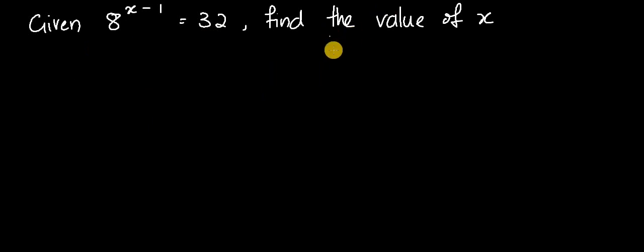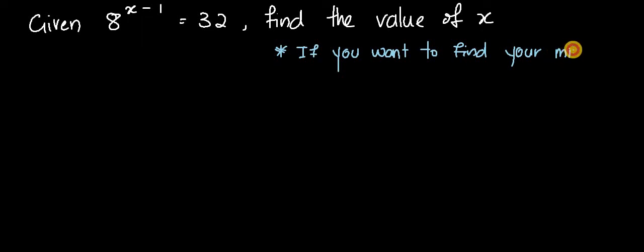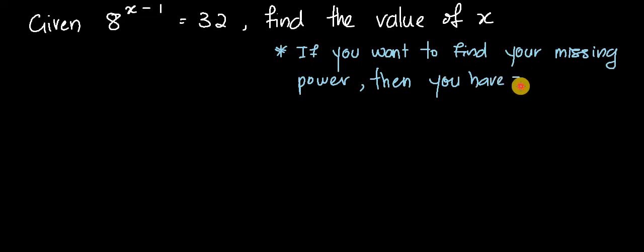Alright, and I'll just write it down here. If you want to find your missing power, that means if let's say your power is the unknown, then you have to make your base the same.